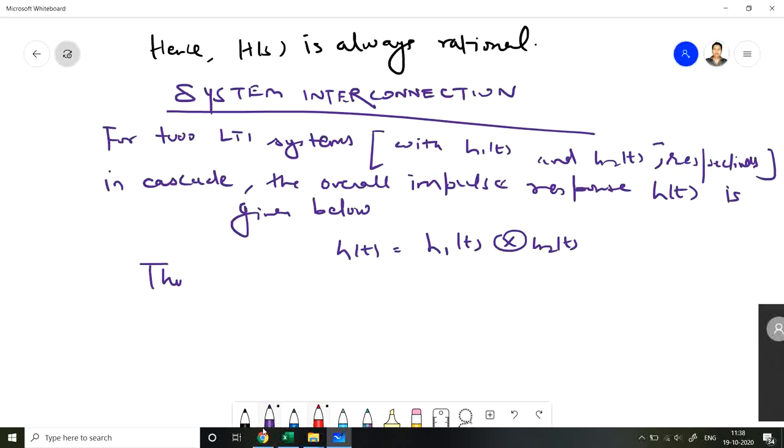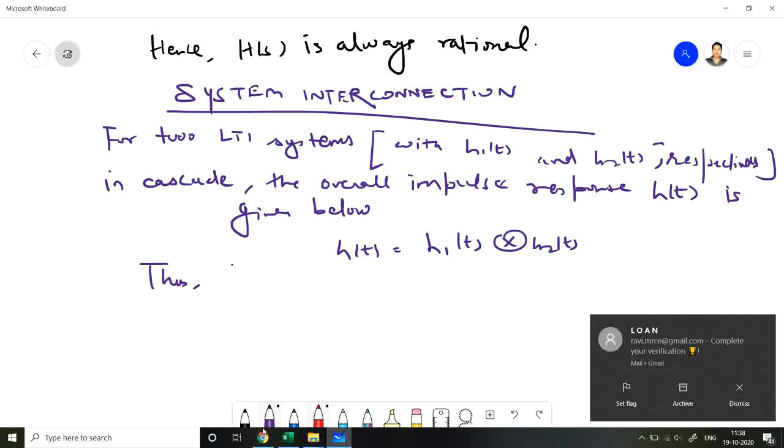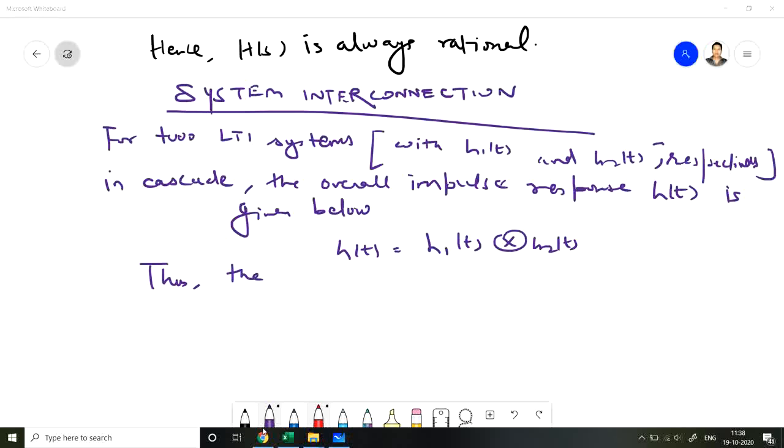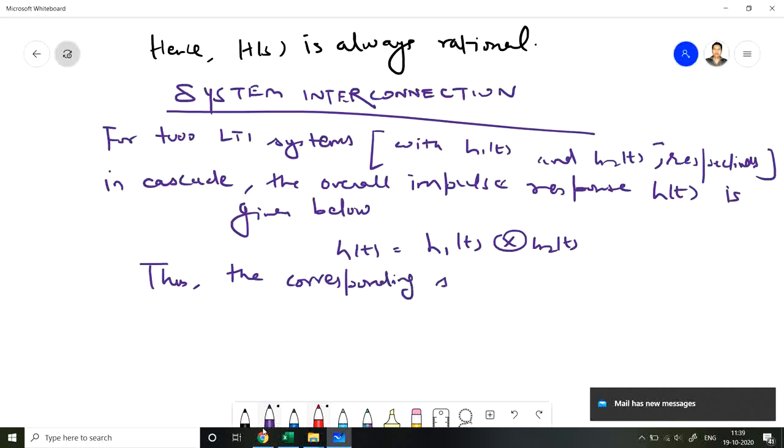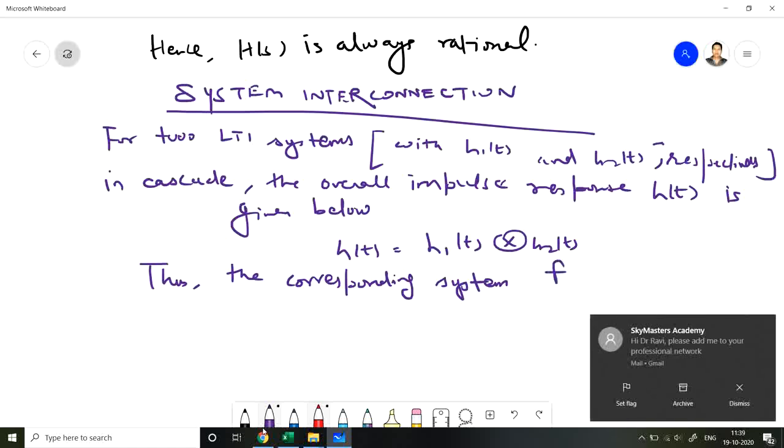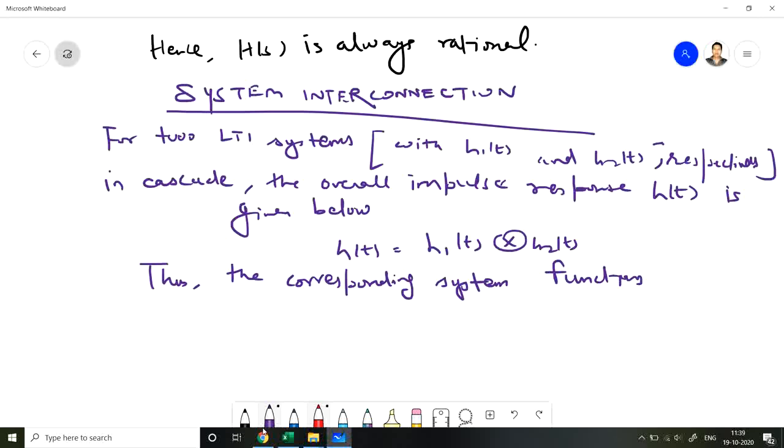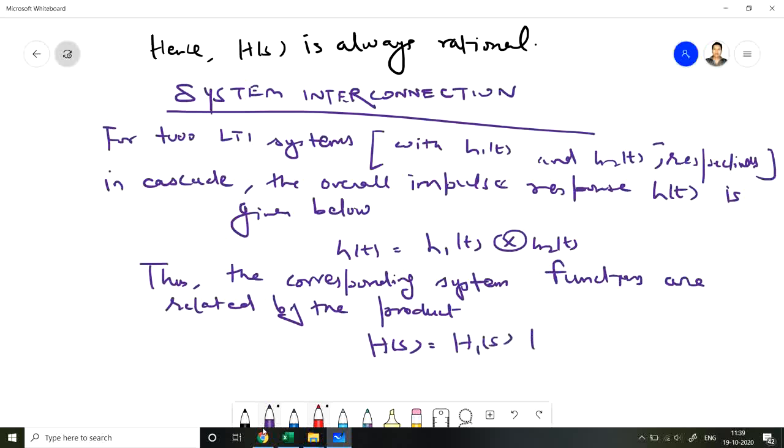So thus the corresponding system functions are related by the product: H(s) is equal to H1(s) multiplied by H2(s).